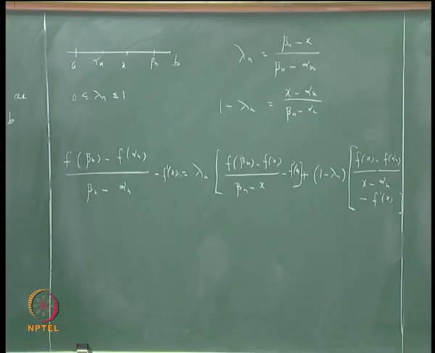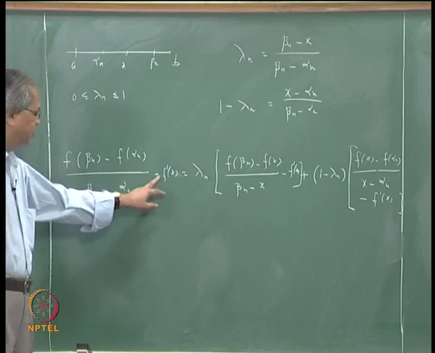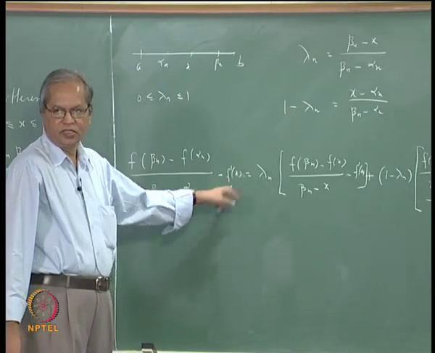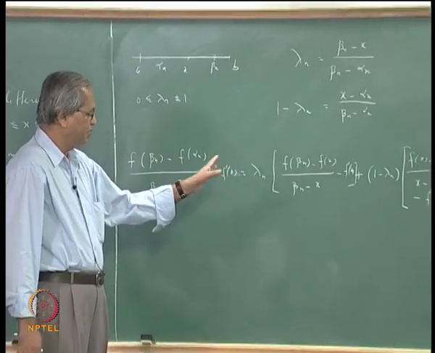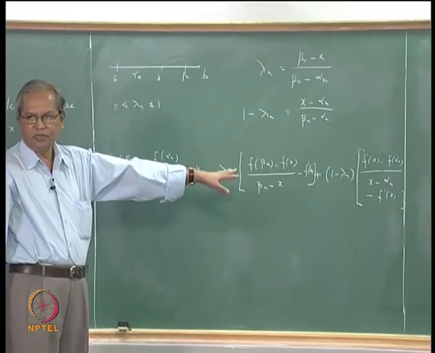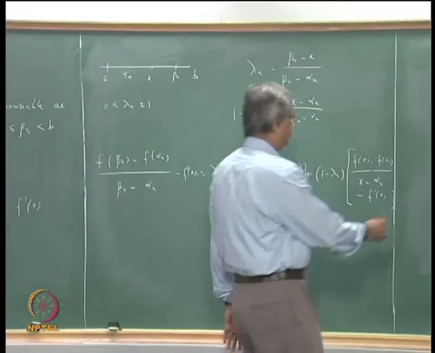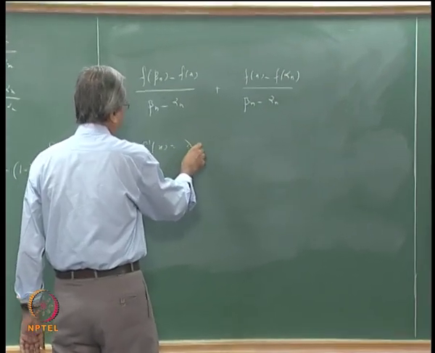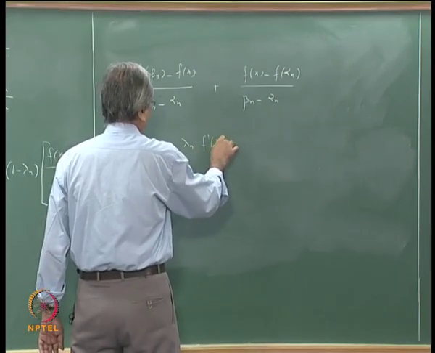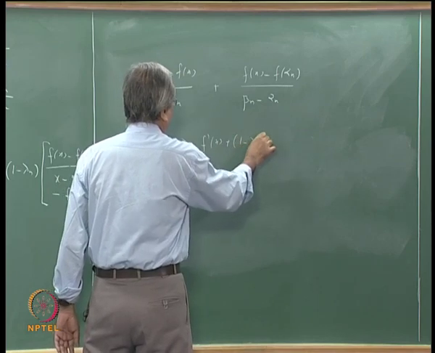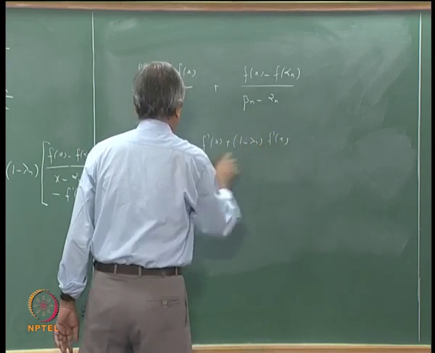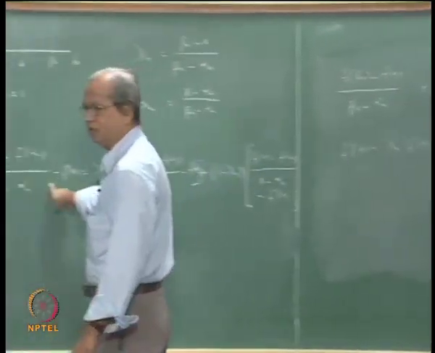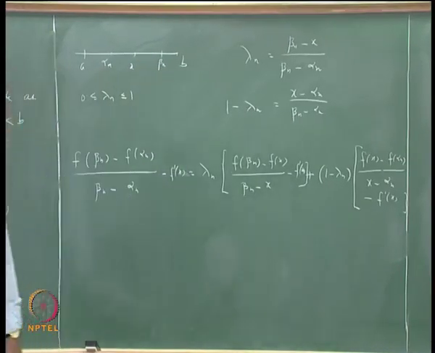Do you agree with this? All that I have done is on this side I have written minus f'(x), and on that side I have used the fact that f'(x) is the same as lambda_n f'(x) plus (1 - lambda_n) f'(x). I subtract this quantity from that side and the other quantity from the right hand side.